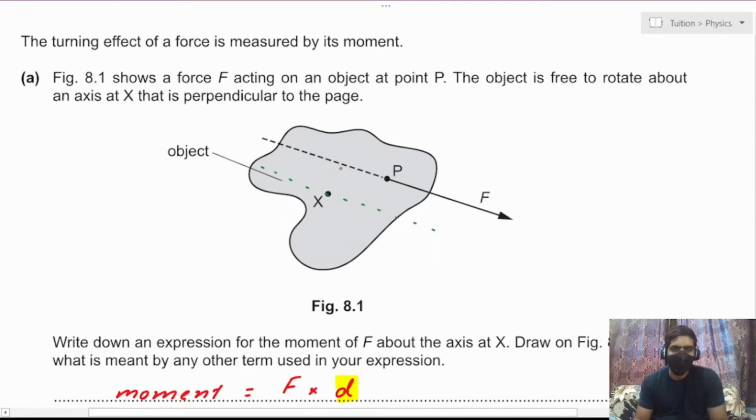So the perpendicular distance between these two, that would be your d, right? How do we know that it is perpendicular? It would make an angle of 90 degrees. Matter of fact, you have to draw and label the distance d in such a way that it makes a 90-degree angle with both the lines, the line of force and the axis of rotation, right?